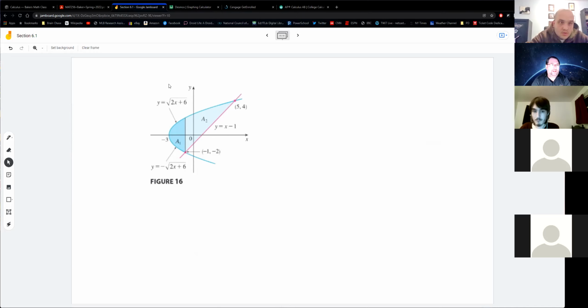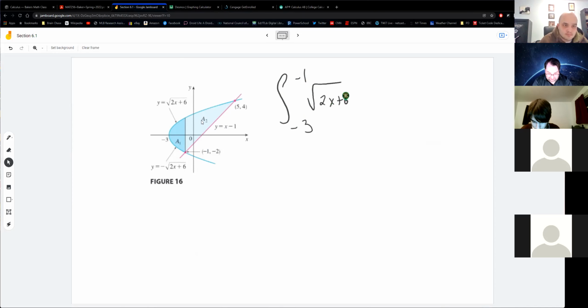So for the first part on the left here, if we had done the brute force, would it have just been double? If we're just looking at everything to the left of negative 1 in x, you were just looking at that A1 area, from -3 to -1.